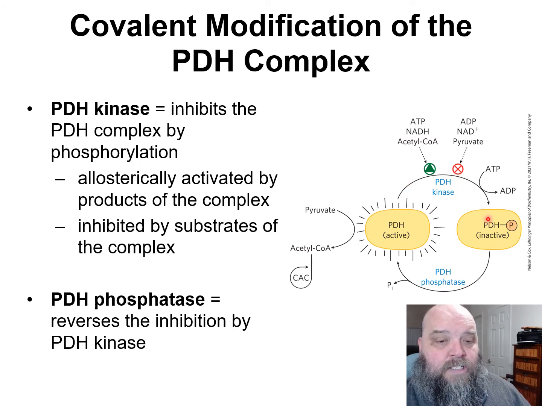Every time the kinase phosphorylates PDH, the phosphatase is going to remove it, and it keeps cycling until a signal says PDH kinase, hold. All PDH that's phosphorylated becomes non-phosphorylated and active. These levels go down, these levels go up, which then stops inhibiting the kinase, and then you get the switch over here.